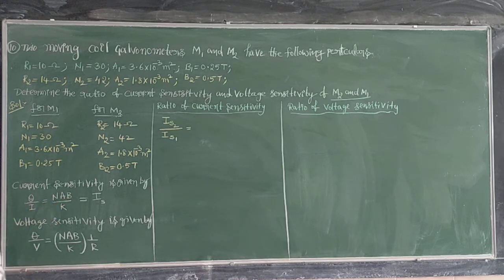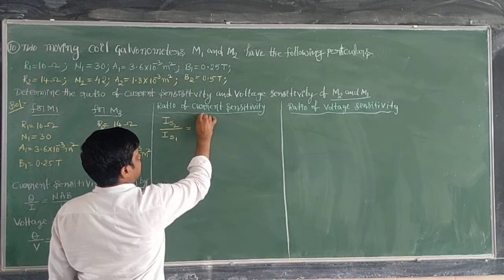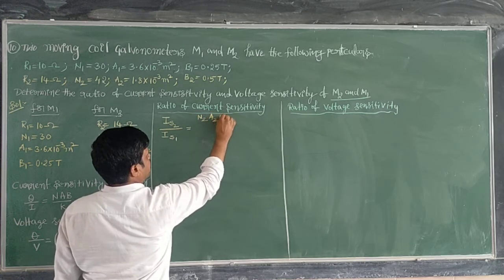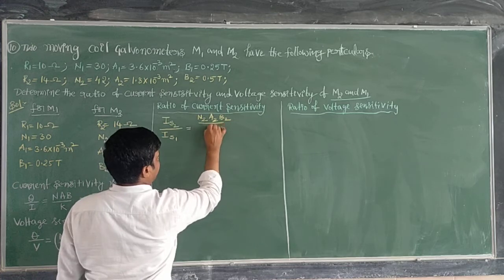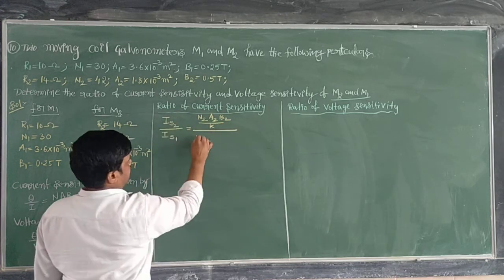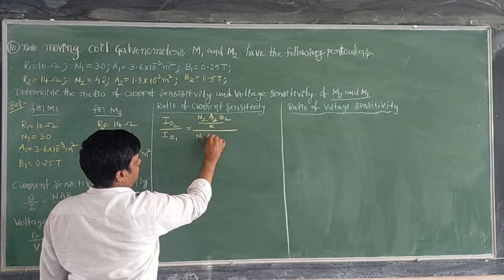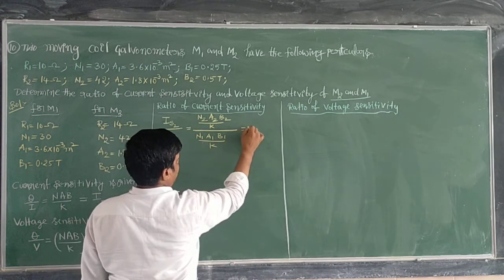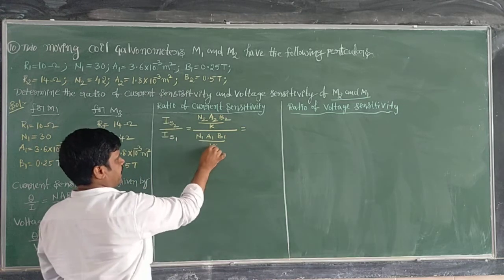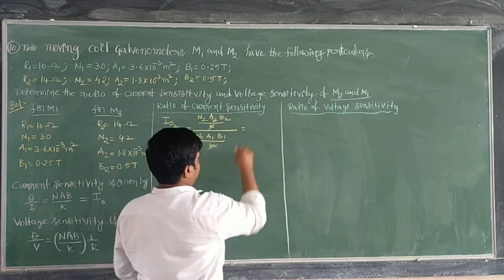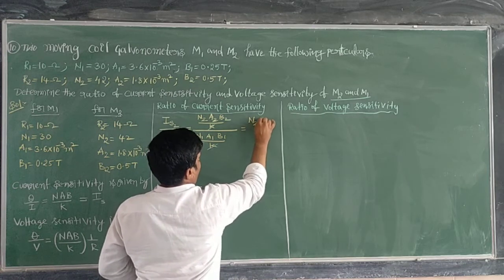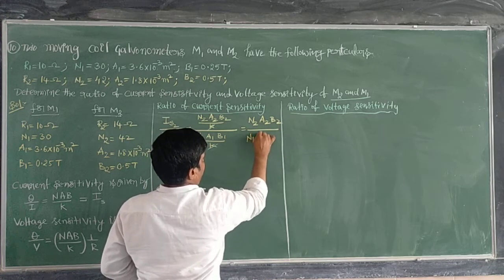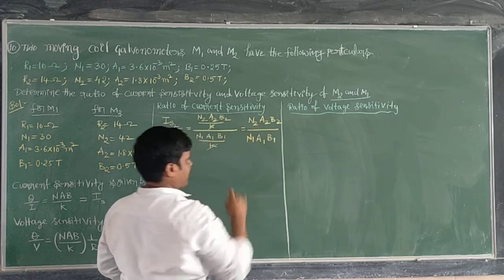NAB divided by K, so N2, A2, B2 divided by K, whole divided by N1, A1, B1 divided by K. The K terms cancel. It is nothing but N2, A2, B2 divided by N1, A1, B1.